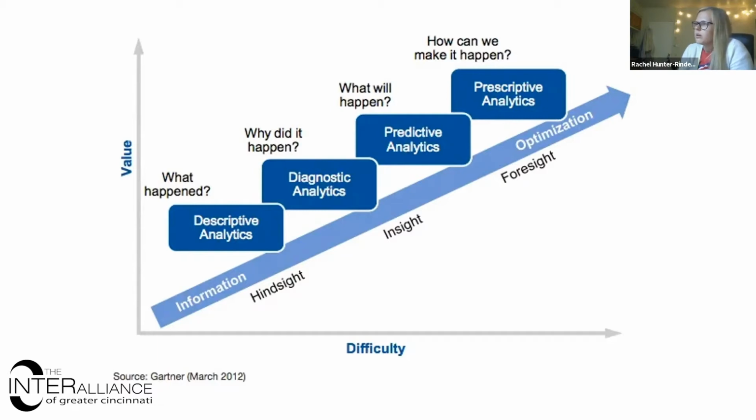So if we look at this progression here, if we start just by looking at information, we have, let's say, sales data from the last year. We can use that data to do descriptive analytics to understand what happened in the last year, but that's not super helpful moving forward. So then we can start to get into root cause analysis and other things like that to understand what factors are at play that cause that to happen. A little bit more helpful, but we still need a little bit more foresight.